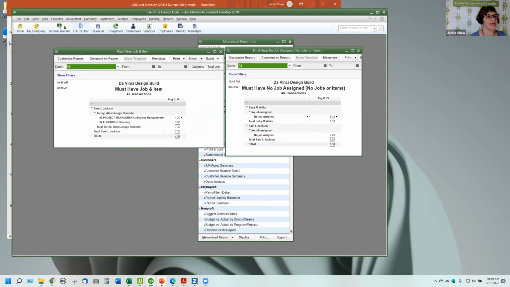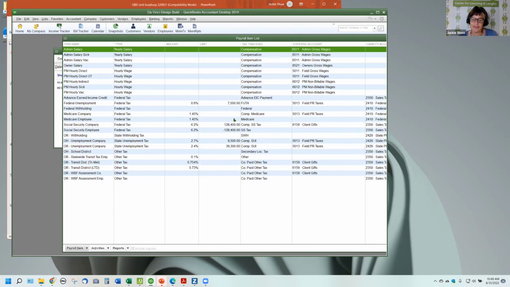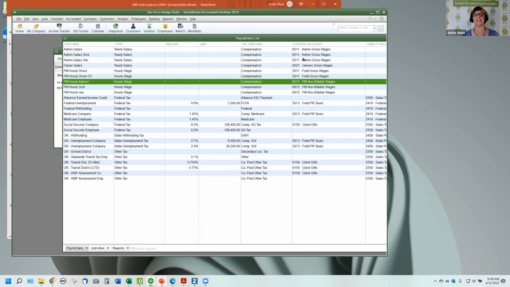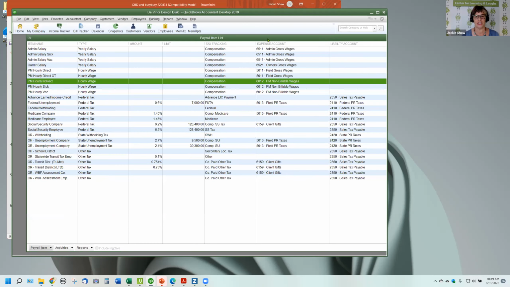Big important thing here, and it gets beyond the scope of today, but you have to have your payroll items set up correctly and mapped to the correct places and used properly in the timesheets for you to have accurate job costing data. I'll say that again.